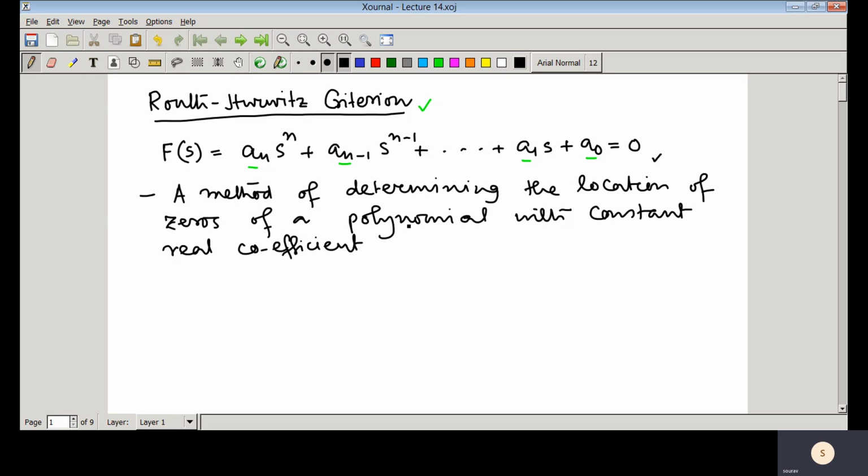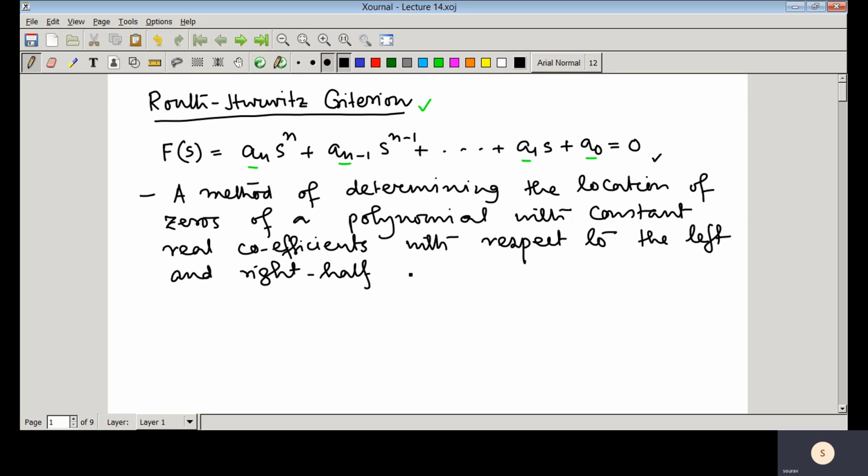If some coefficients are not real, maybe complex, we cannot apply this Routh-Hurwitz criterion with respect to the left and right half of the S-plane without actually solving for the zeros.